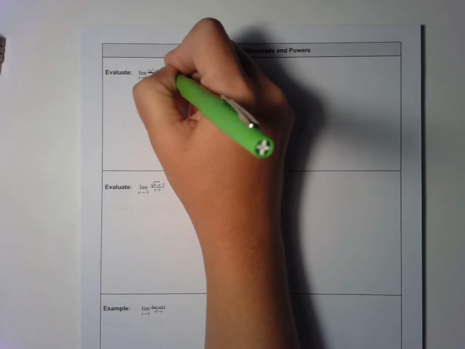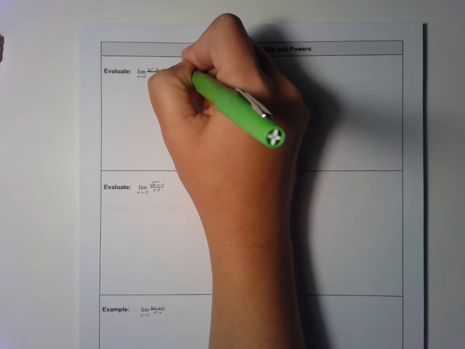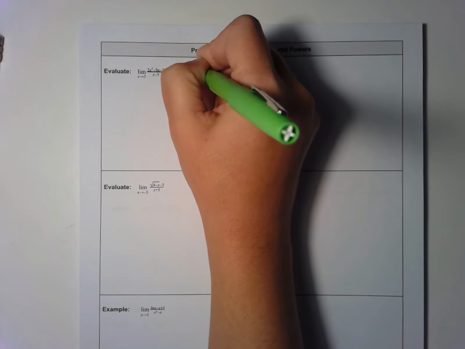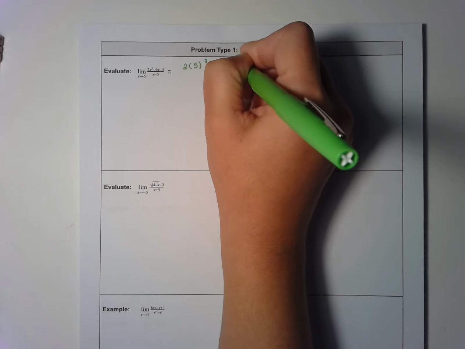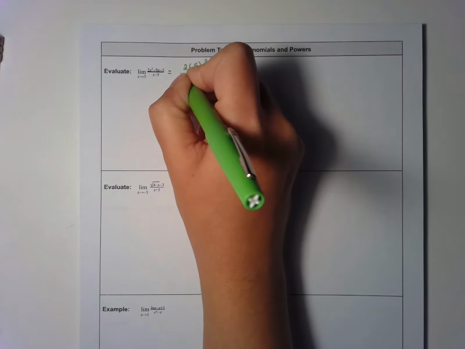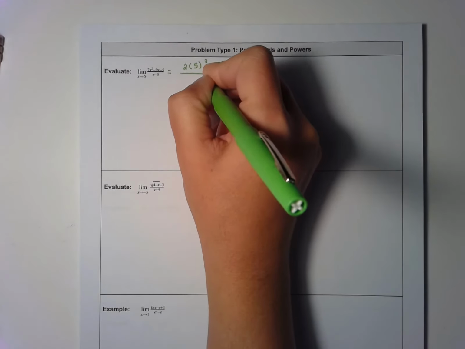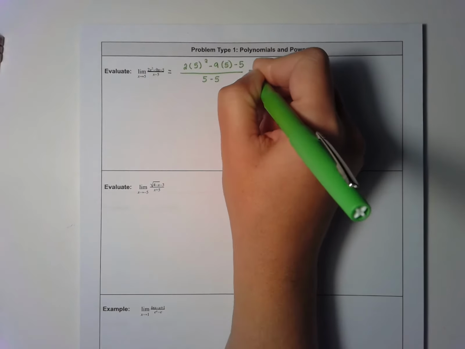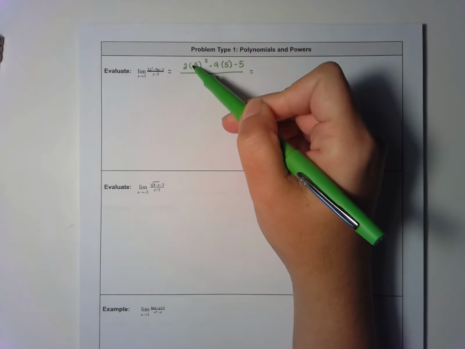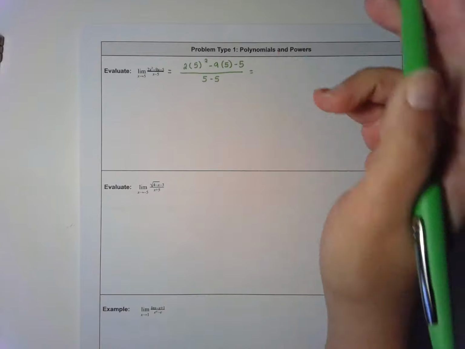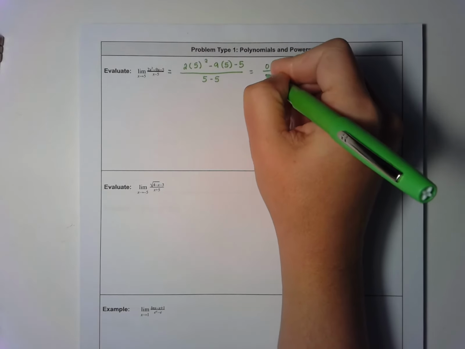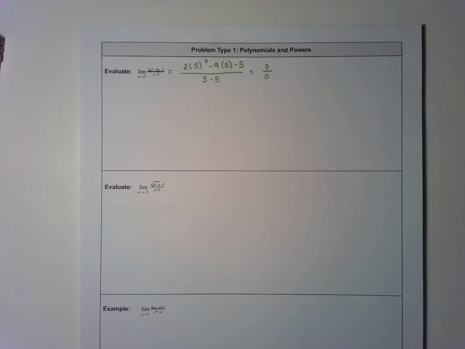In problem number 1, if we try direct substitution, we get 2 times 5 squared minus 9 times 5 minus 5, all over 5 minus 5. Now, 5 squared is 25, so 2 times that is 50, minus 9 times 5 is 45, minus 5 gives you 0, over 5 minus 5 is 0.